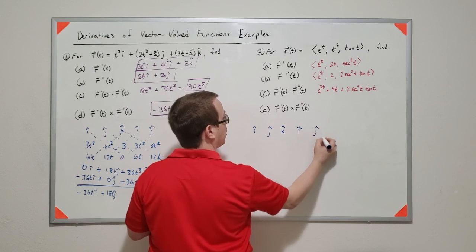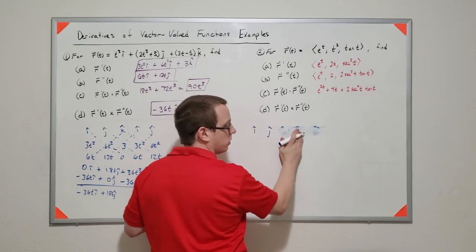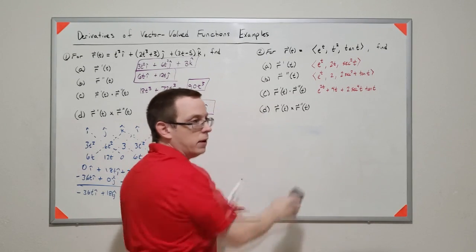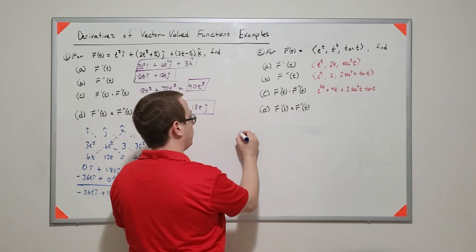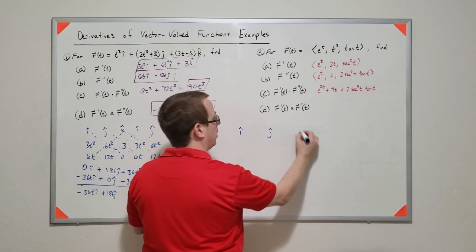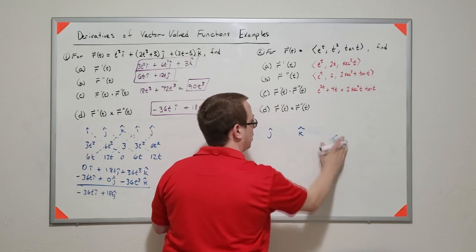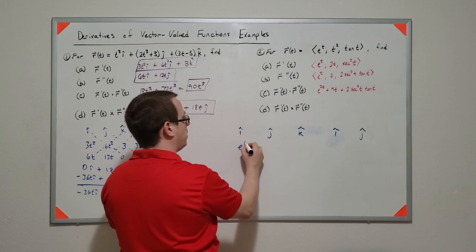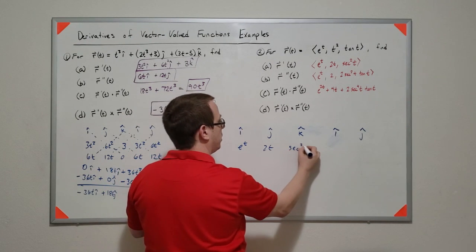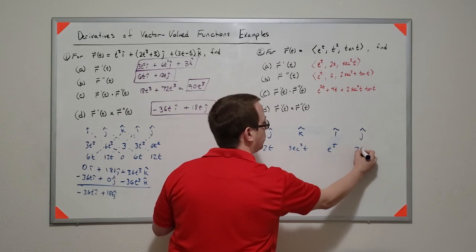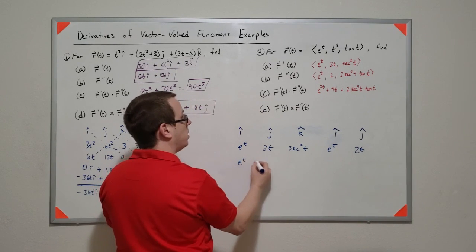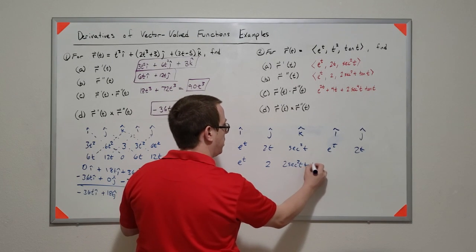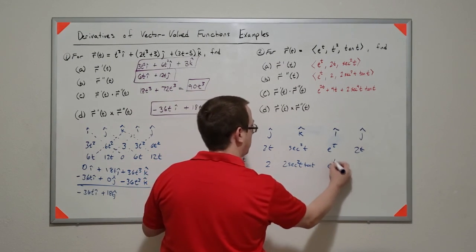Let's give ourselves a little more room here because of that secant. So i, j, k, with e to the t, 2t, secant squared t in the first row, and e to the t, 2, 2 secant squared t tangent t in the second.